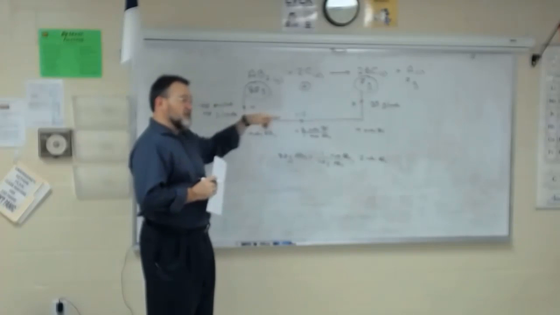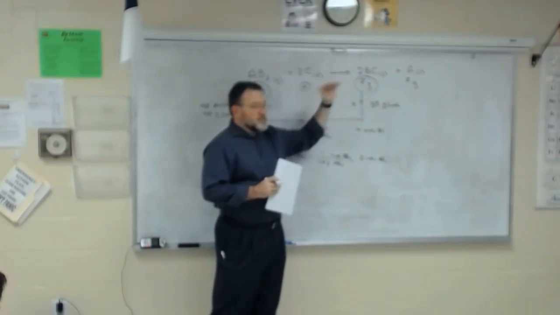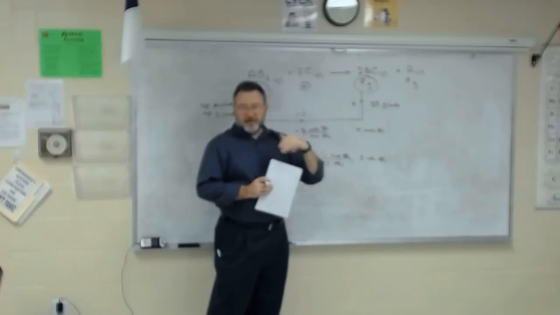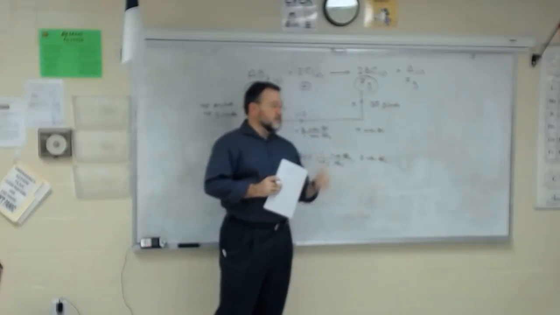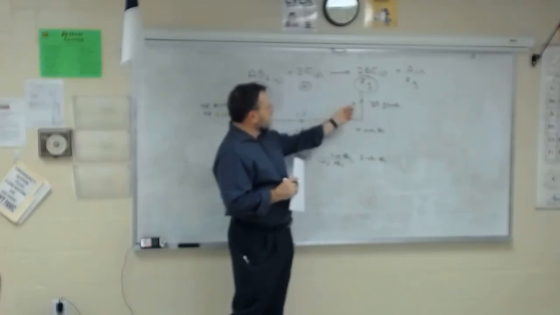Remember, if you get confused graphically, when you go from moles to grams, you're going up, and generally multiplication is easier conceptually than division. They're the inverse of each other, but we think in terms of multiplication first, so up is multiplication. 4 times 35.